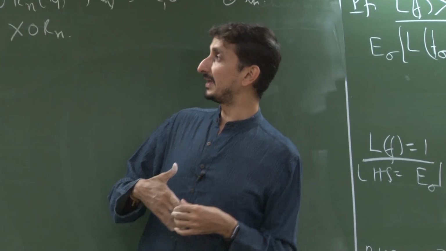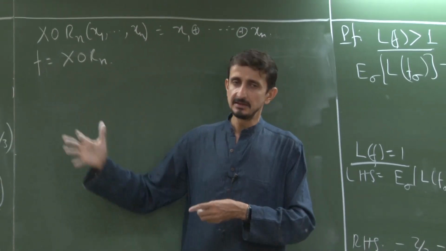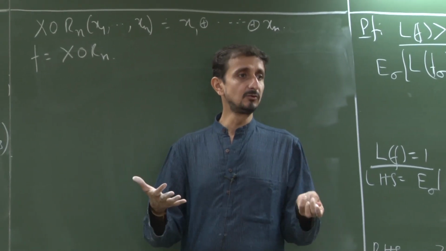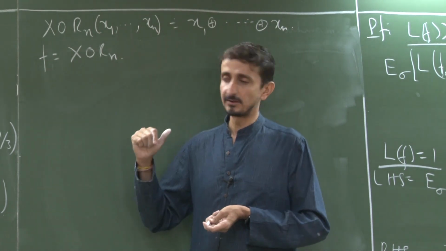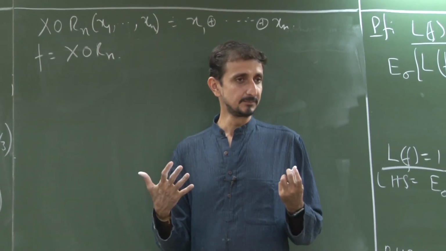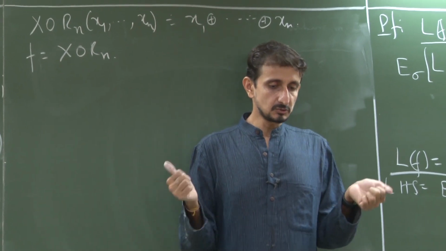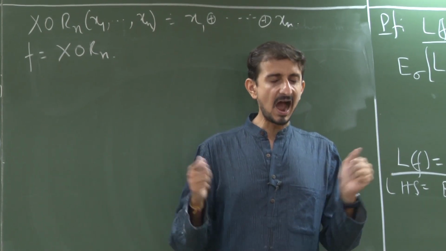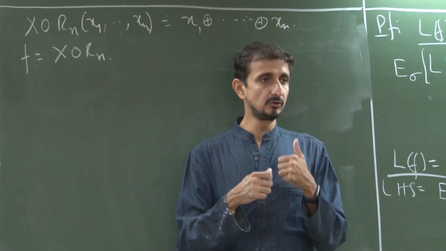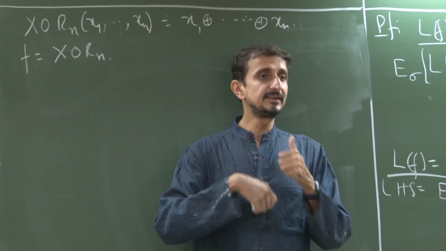Now, how do you proceed? Let us say I give you some function and I ask you to prove a lower bound using this theorem, how would you proceed? Look at this function parity. How many variables do you need for parity to change its value?